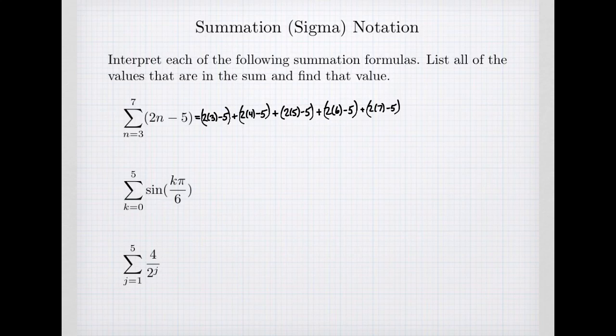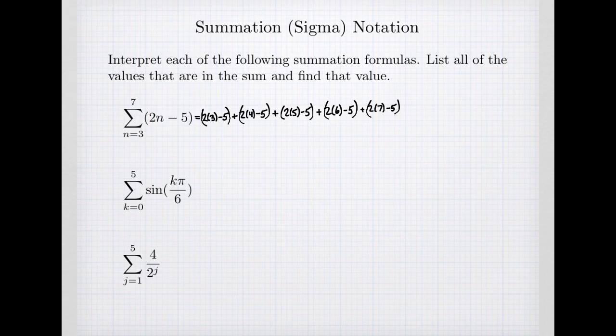So I've used my index, counting from 3, 4, 5, 6, and 7, using the formula 2n minus 5 on each of those index values, and that gives me the numbers that I'm going to add up.